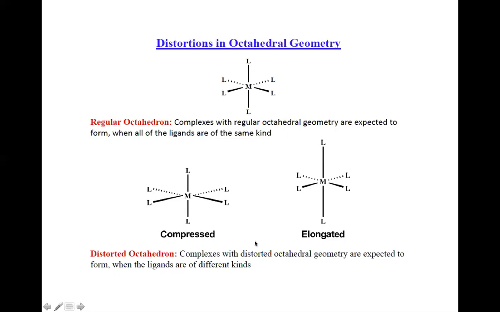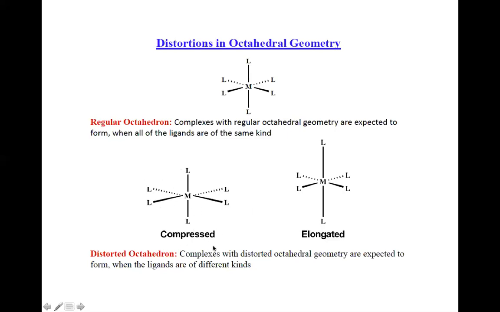In one type, the axial ligands are a little bit compressed. These 2 ligands are present in an axial direction, and these 4 ligands are present in an equatorial plane. These are equatorial ligands and these are axial ligands.